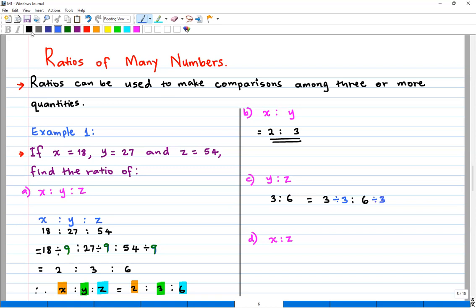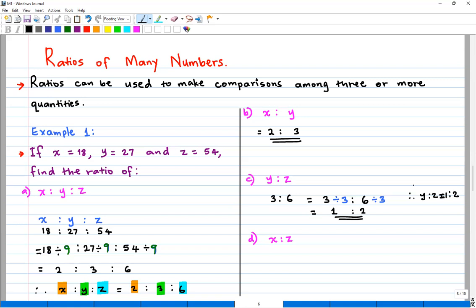You see that? 3 by 3 is 1, and 6 by 3 is 2. So this means that the ratio y to z is the same as 1 to 2. Y to z is equal to 1 to 2.